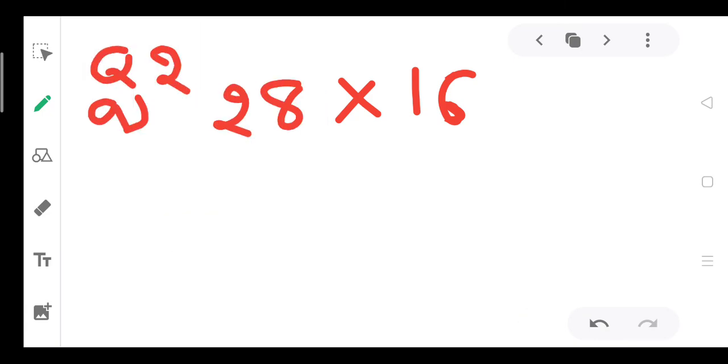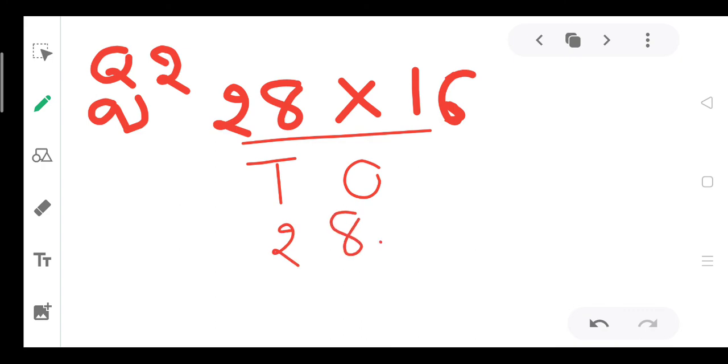Your first step will be to write this in horizontal way; it was written vertically. So at the top we will write the places, then leave some space, start writing digits from the right side, and then we will find out its product.